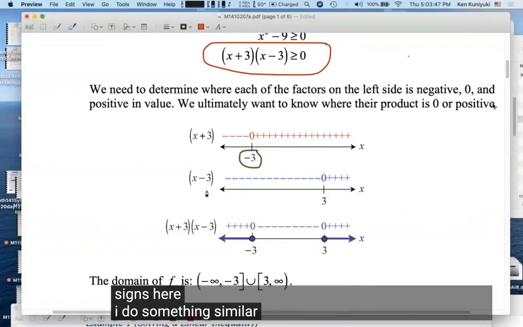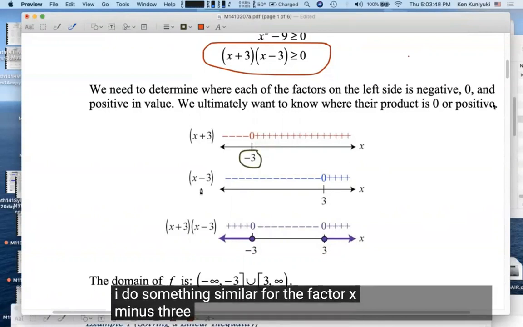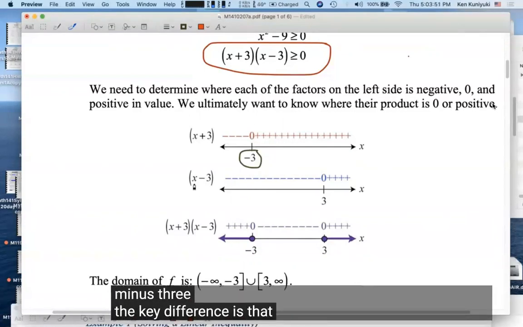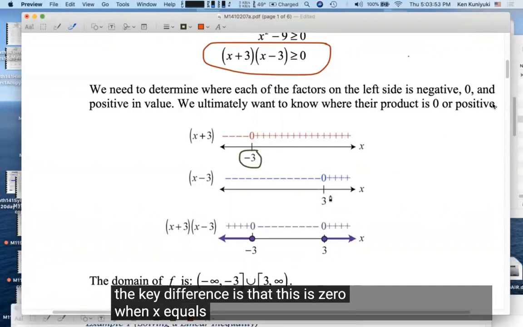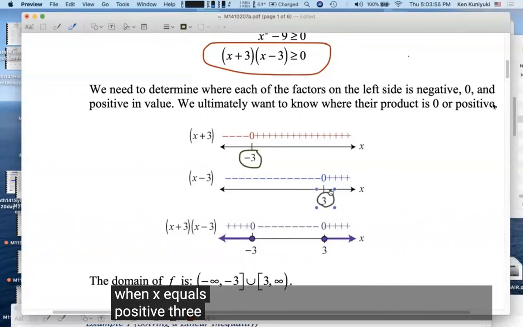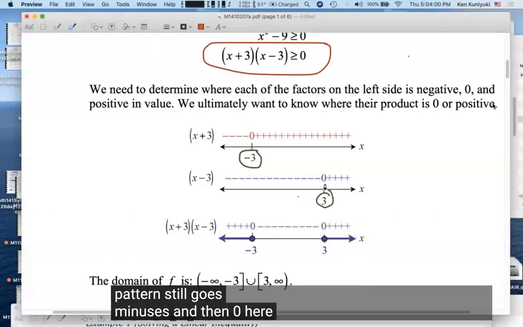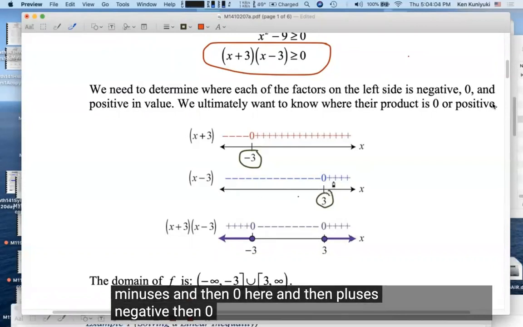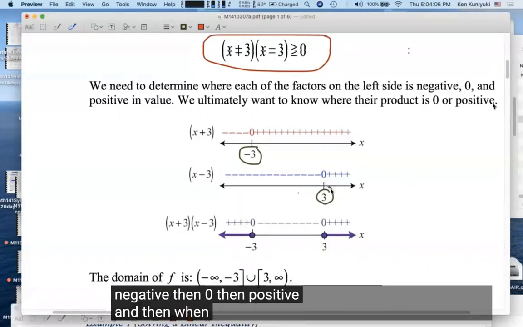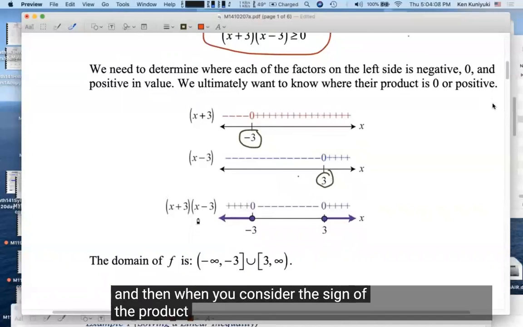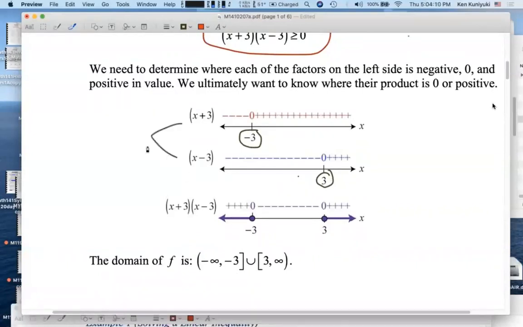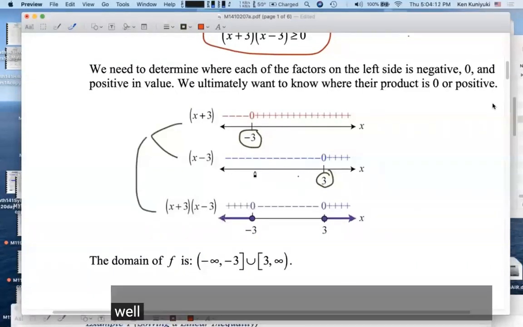I do something similar for the factor x minus 3. The key difference is that this is 0 when x equals positive 3. But the sign chart pattern still goes minuses, and then 0 here, and then pluses. Negative, then 0, then positive. And then when you consider the sign of the product, well, 0 times anything real is 0.